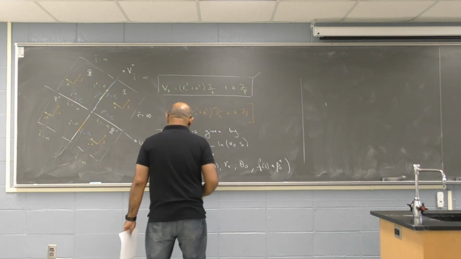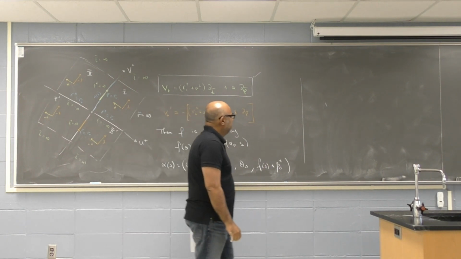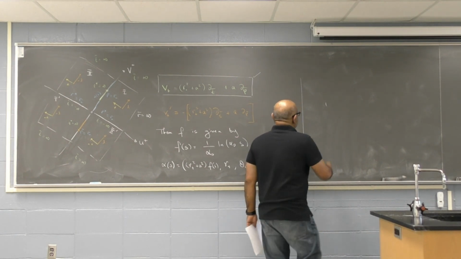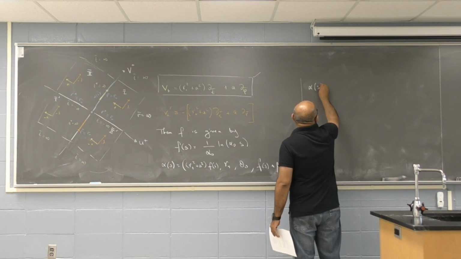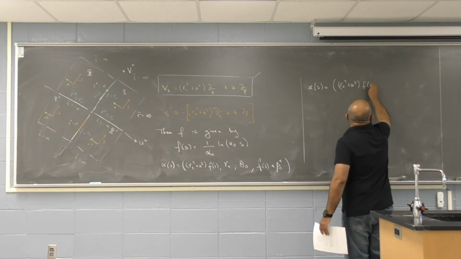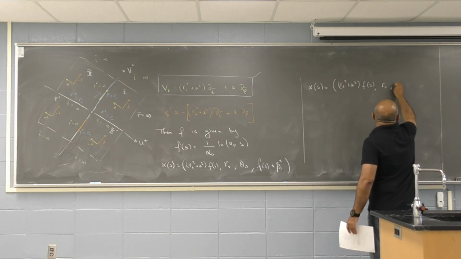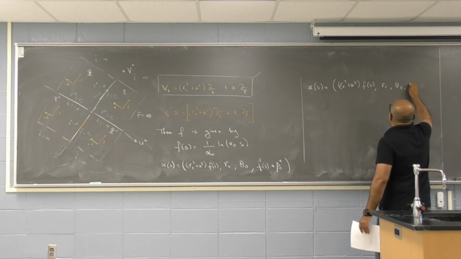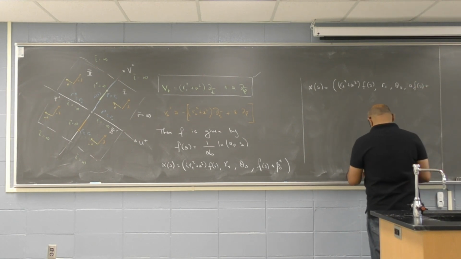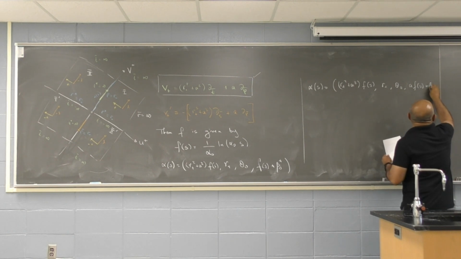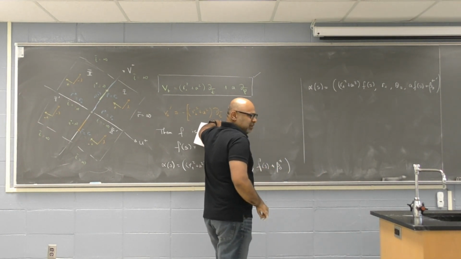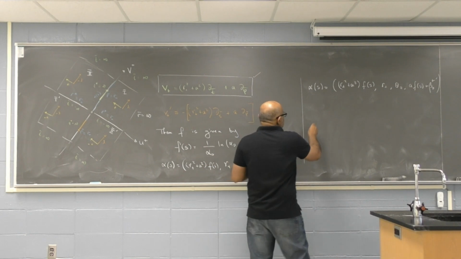Let me call this alpha, and then alpha of s is equal to r plus squared plus a squared f of s, r plus, theta 0, and a times f of s plus, what did I pick? Some beta 0 plus prime is an integral curve of something proportional to this.